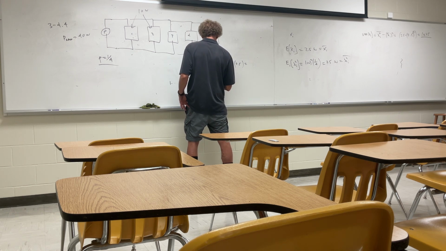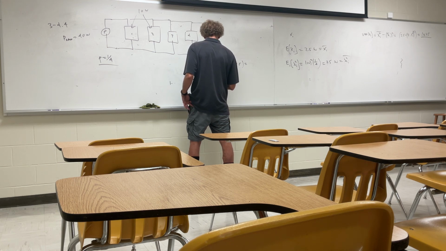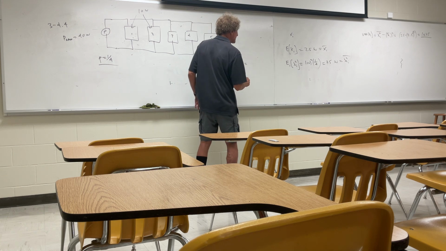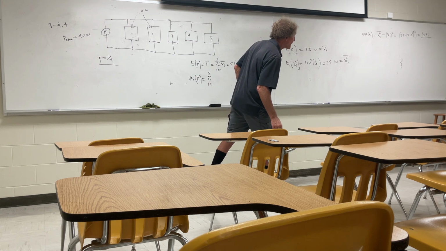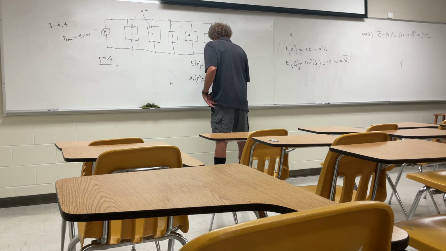Summation from i equals 1 to 5 of 18.75, because it's the same in all of them.